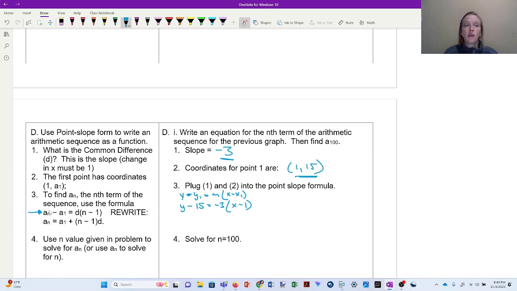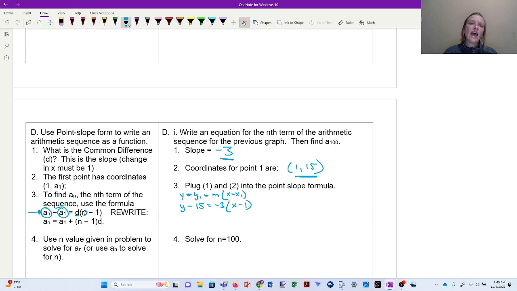But just so you understand what this notation is, this is the nth term in the sequence minus the first term in the sequence. And the d value just stands for the common difference. The common difference is essentially the same as the slope.